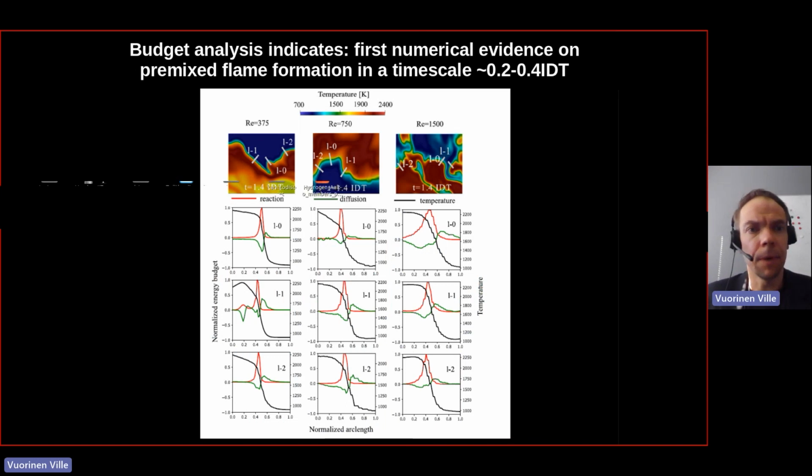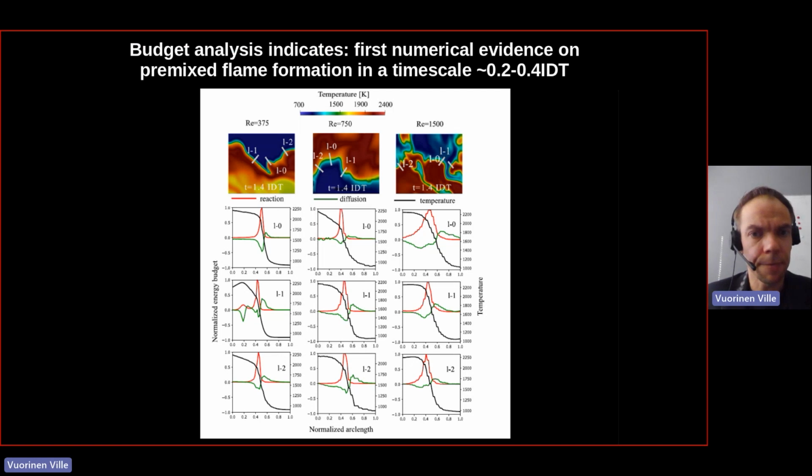We did a budget analysis on this problem, and it indicates the first numerical evidence of premixed flame formation in a time scale of roughly 0.2 to 0.4 ignition delay times. The ignition delay time is defined based on the most reactive mixture fraction.